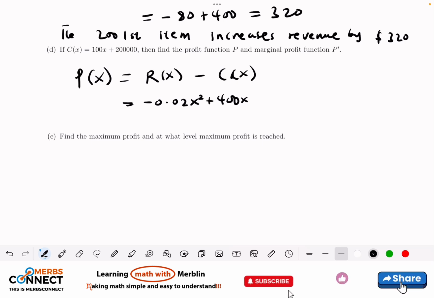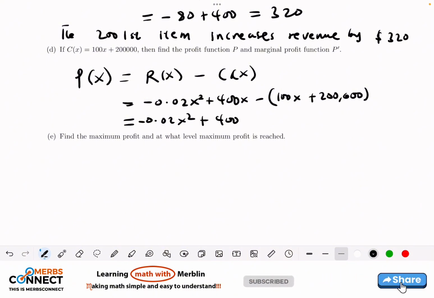400x, this is x squared. Then minus 100x plus, is it 200,000? Yes, 200,000. So when I simplify, I'm going to have minus 0.02x squared plus 400x minus 100x minus 200,000.